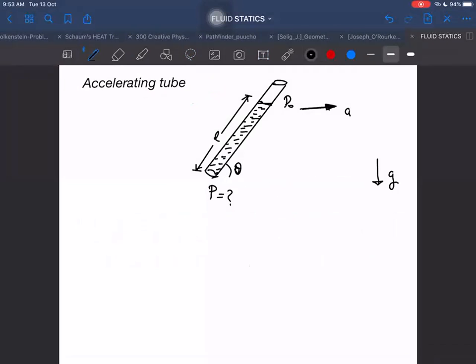Sir, P is equal to P naught plus rho G into L sin theta. Completely wrong, you're saying. P naught, sir.